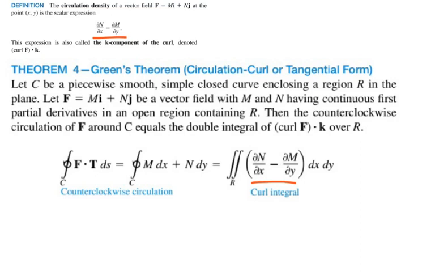So essentially, if you are asked to find the counterclockwise circulation of F around that bounding path, which is a loop enclosing R, then that would be the same as calculating the double integral over R of the curl.